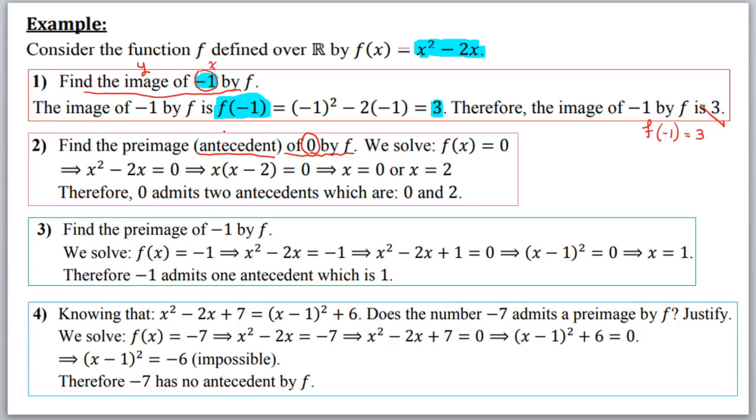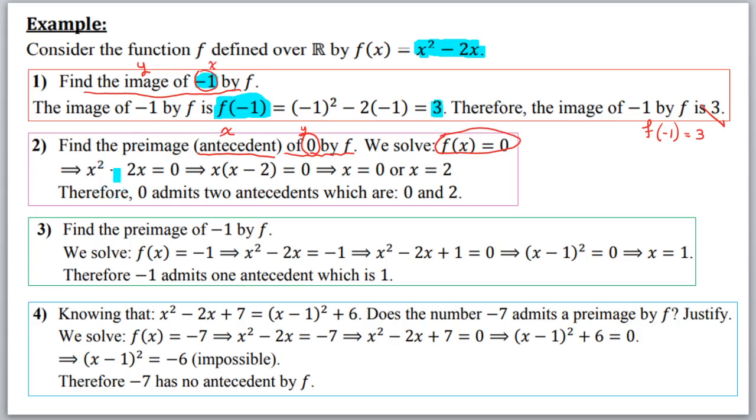So the antecedent is the x and the 0 is the y. He's asking what's the value of x such that f of x equals 0. So what should we do here? When he says find the antecedent of 0, I say f of x equals 0 and find x. Let's see how.